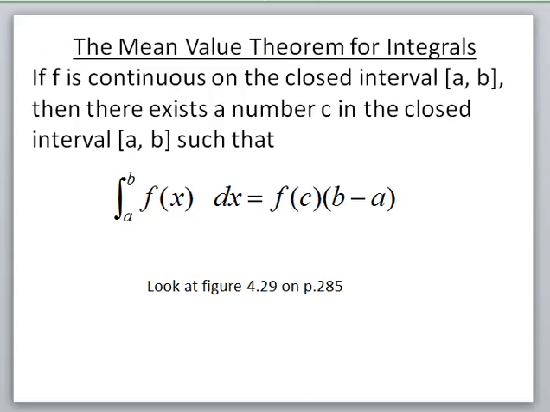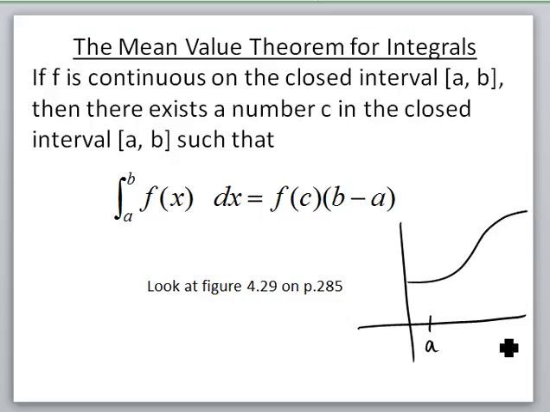I'm going to begin to talk about this and then use this in the next example. It is the mean value theorem for integrals. I'm going to try to draw a picture for you of what the mean value theorem is really saying. What it is saying is that you have some curve, and it's going from A to B. And it's saying the area underneath this curve can be equal to some value of C. Okay, so if I come up here, some value of C, maybe I'll do that in red.